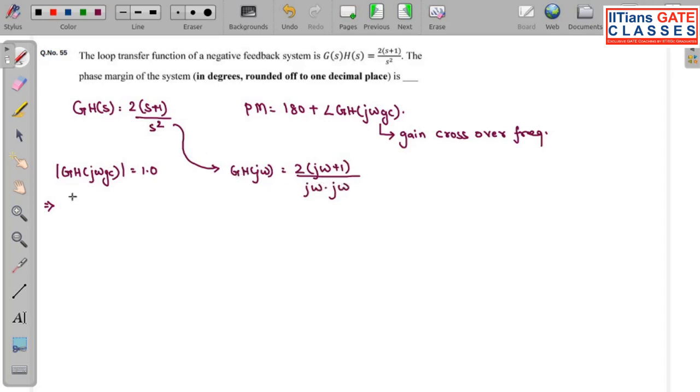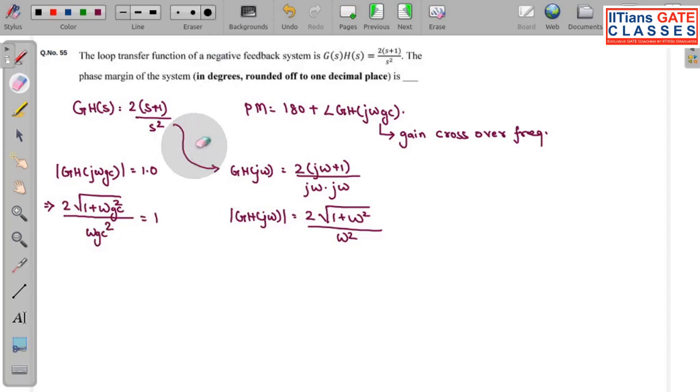Now if I write the magnitude, it will be 2 under root of 1 plus omega squared, over omega squared. I should be writing the steps, not skipping them. Now if I replace omega by omega gc, this should be equal to 1.